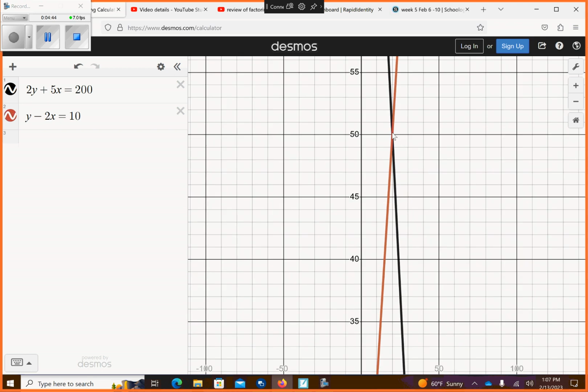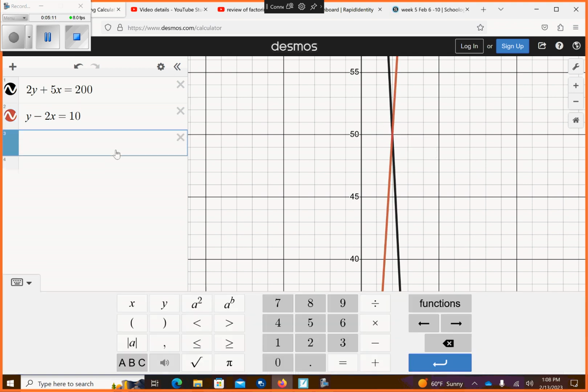So at 20 items, that's our break-even point. So when we produce 20 items, we make $50, and so that means we're not making more or less. It says when the price is 60, so P is the Y value.